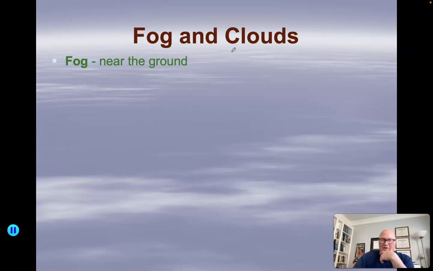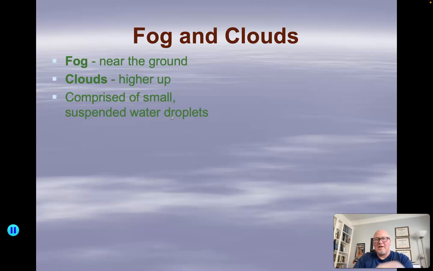Fog and clouds are really the same thing. What makes a difference is where they are located. Fog is near the ground, and clouds are higher up in the atmosphere. Fog and cloud are not water vapor.